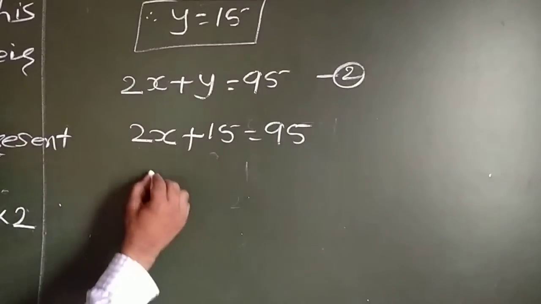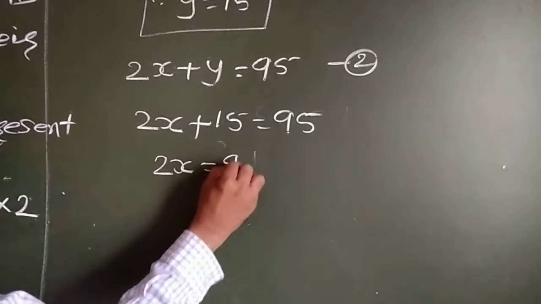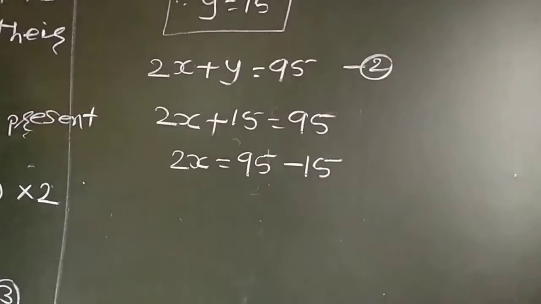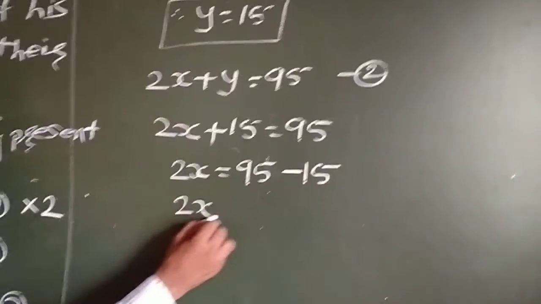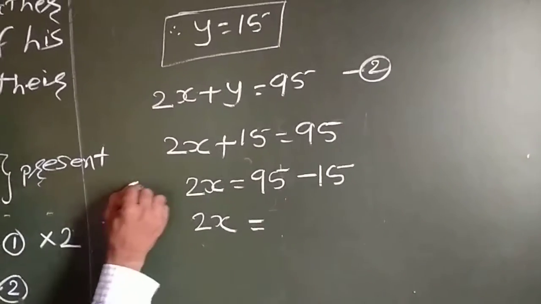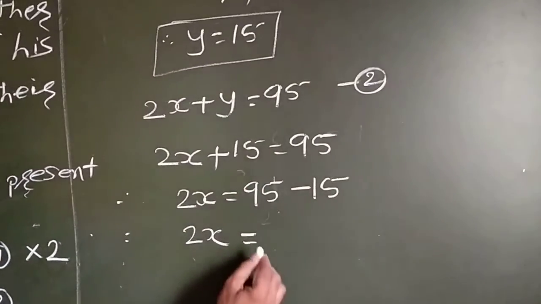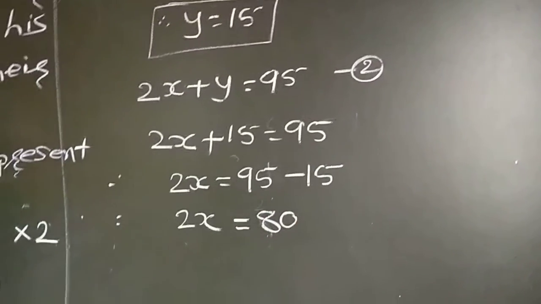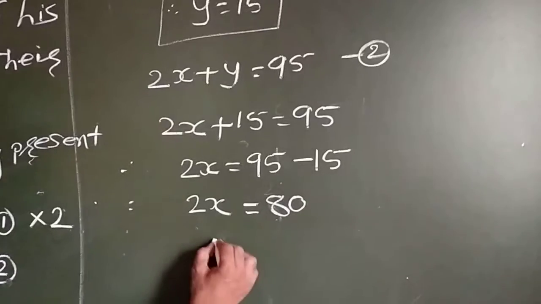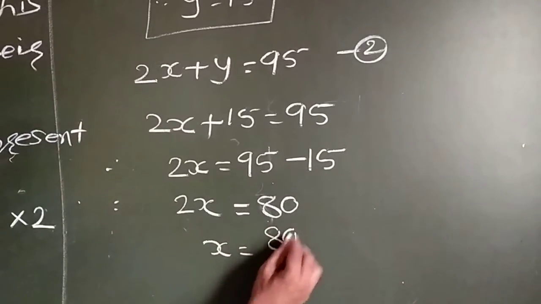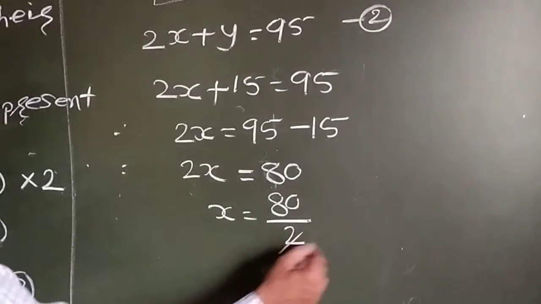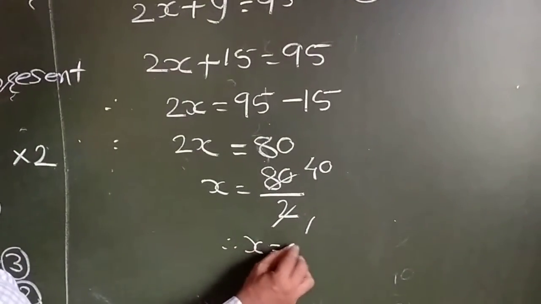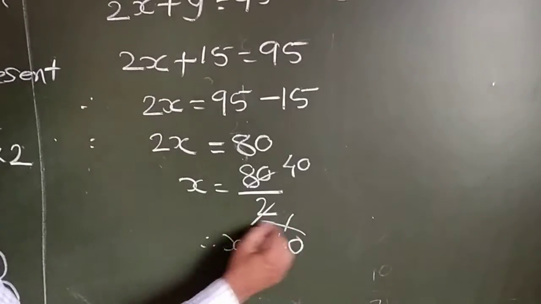The 15 changes its side, so its sign also changes, plus becomes minus. Then 2x is 95 minus 15, the subtraction is 80. Again this 2 gets divided, means 80 upon 2, 2 fours are 8, 2 forties are 80. Therefore we get the value of x, that is 40.